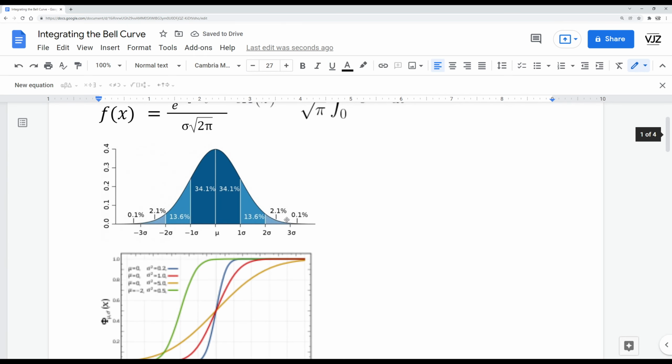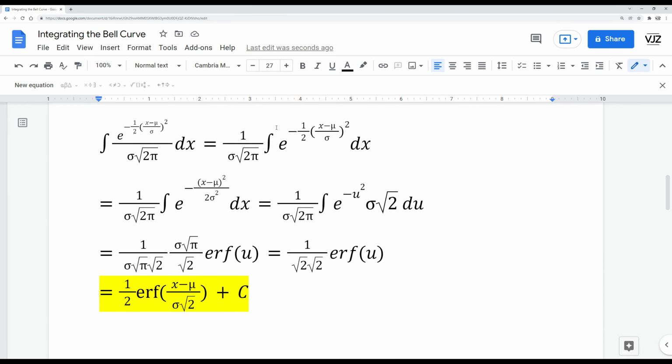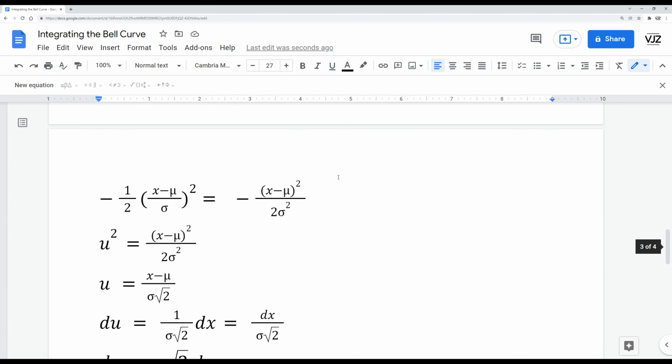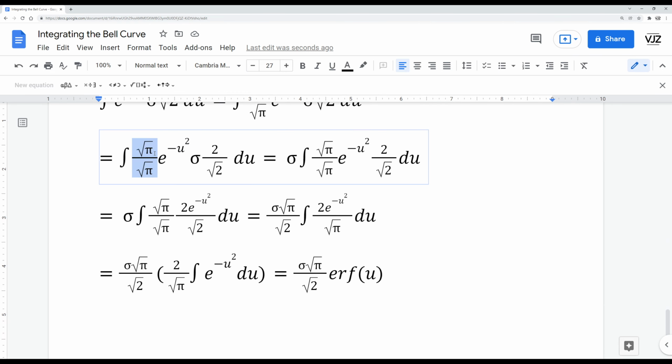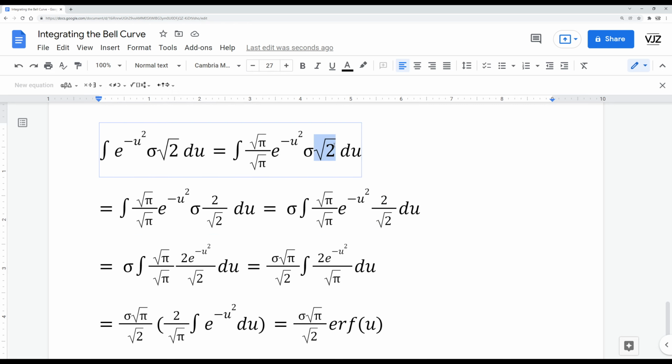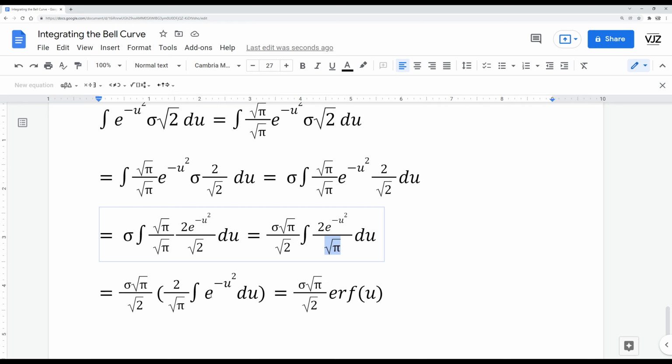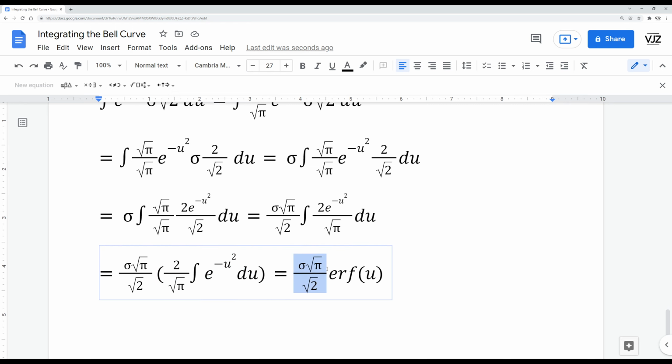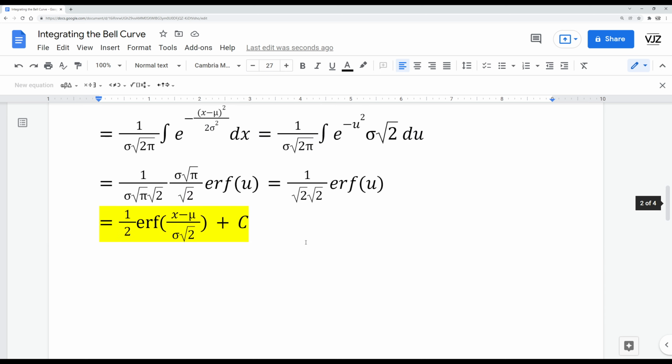So to recap, we pull the constants out, find a suitable u substitution to fit our error function, and then we multiply by the square root of pi over the square root of pi just to get it in, and then we irrationalize the square root of 2 to 2 over the square root of 2, and then we move all the constants out except for 2 and the square root of pi, and therefore we can get this term, and then we get the error function, and then plug that back in. This becomes 2, and finally we get this as the answer.